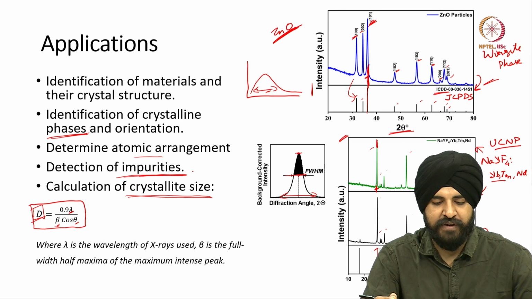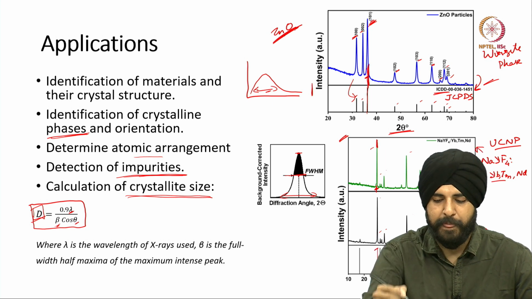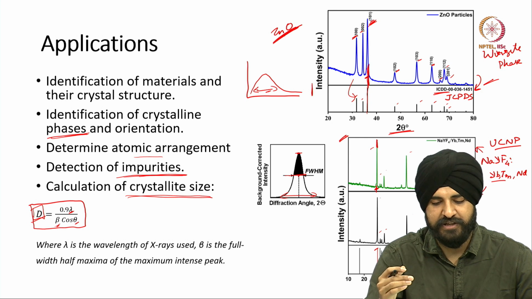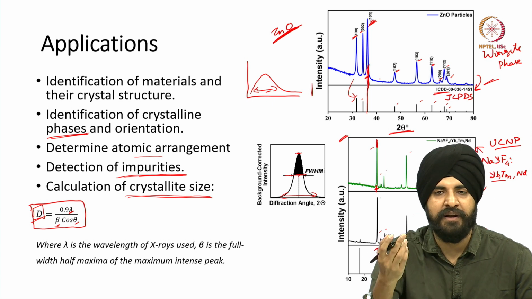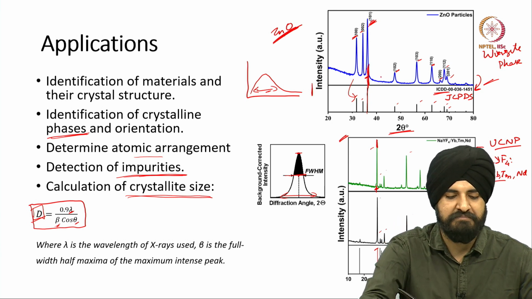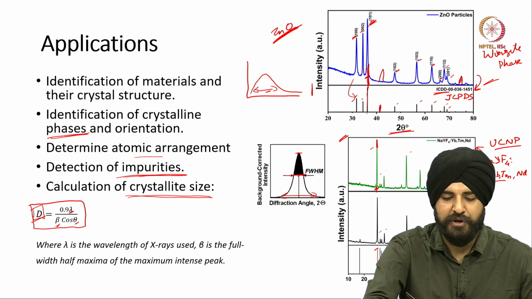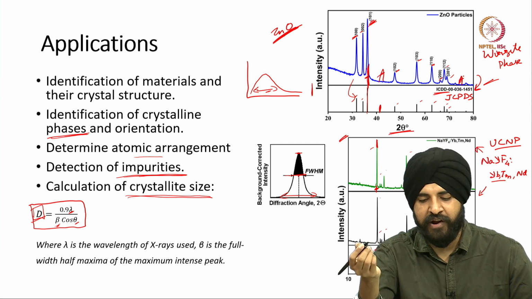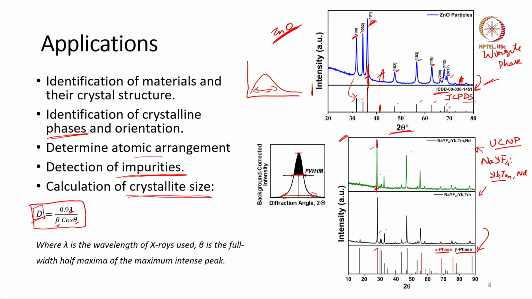As I talked about earlier, we get a typical XRD spectrum which is represented for that particular material, and we have the JCPDS card which is the literature card for that material. Supposing during the synthesis you used a bad spatula or a bad magnetic bead, because of which you have some contaminants and impurities in your sample, whenever you run it through XRD, you get some additional peaks here or here. These extra peaks you could again refer to the JCPDS card and find out what these peaks represent, and based on that you could say that impurities are present in your sample and what those impurities are. Supposing it is copper or magnesium or some other metal.